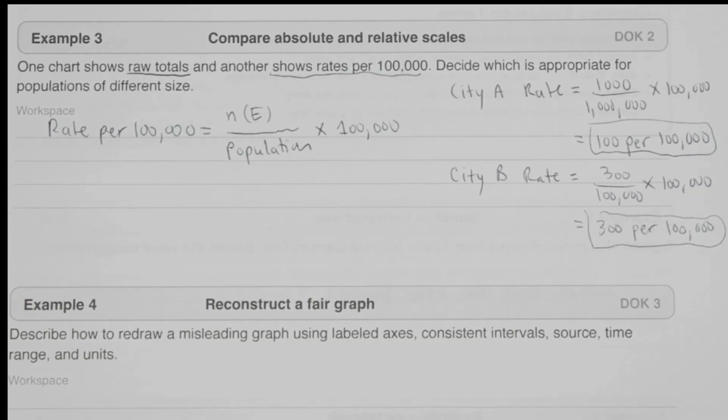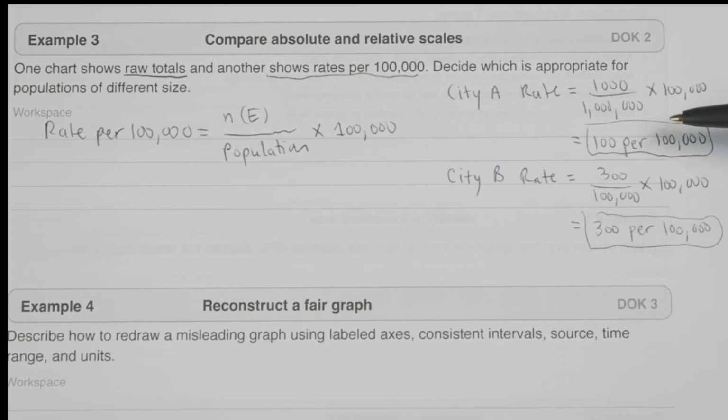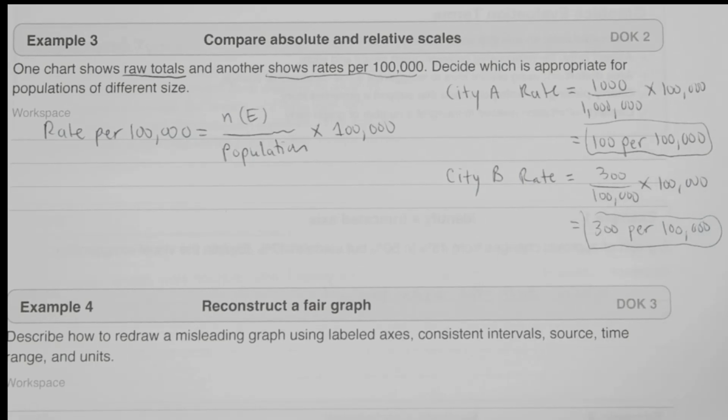Looking at the totals, we got 1,000 and 300, right? 1,000 is greater than 300. But after adjusting for population's sake, we see that 300 per 100,000 is actually greater than 100 per 100,000. You got to keep that in mind.